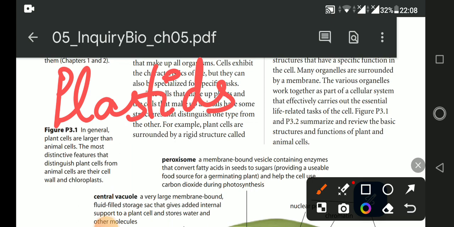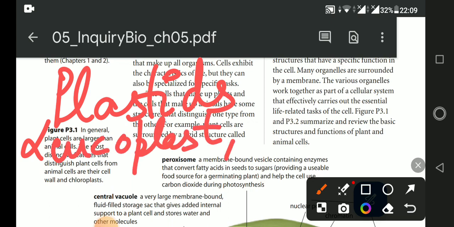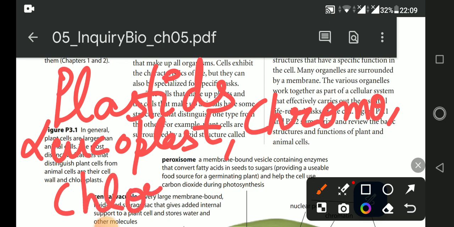Plastids are of three types: leucoplast, then we have chromoplast, and the third one is chloroplast. Leucoplast is colorless plastid, and it is responsible for the storage of food in plants. It can store fats or carbohydrates like in seeds.